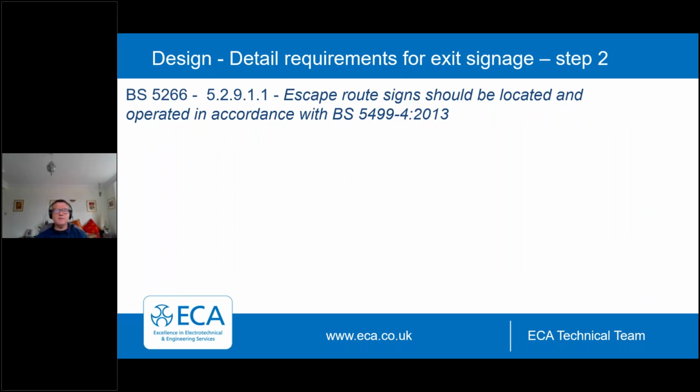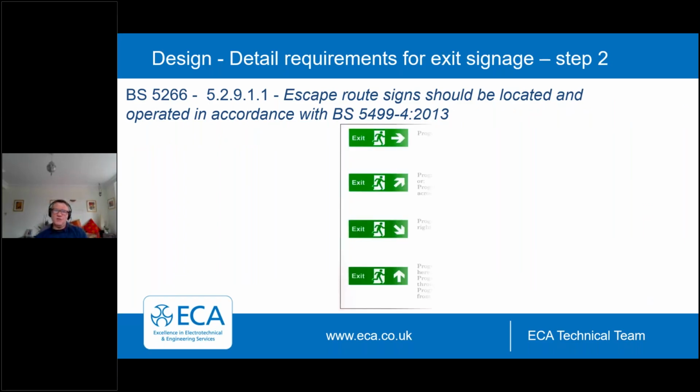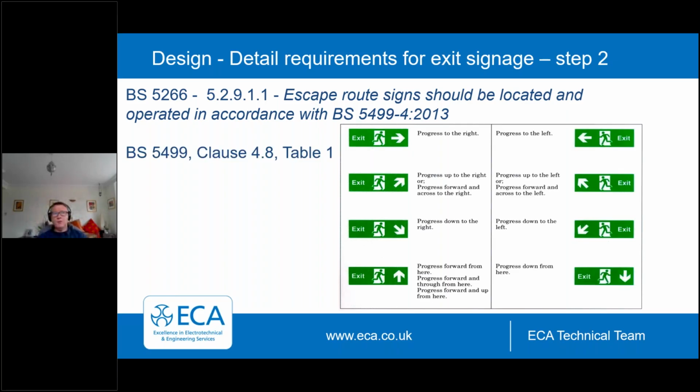When I say signs, well, there's a whole suite of signs that we can use, all detailed, as you can see here. 5.2.9.1.1 tells us the detail, and it points us to another British standard, this time 5499, that outlines, as you can see in the diagram here, all the different options that we may use. Can be illuminated or not, of course.